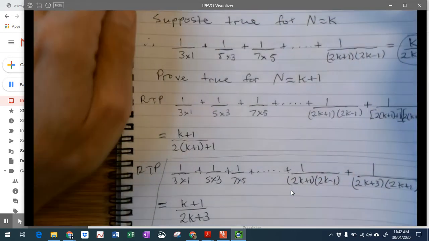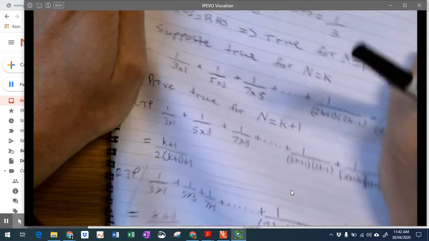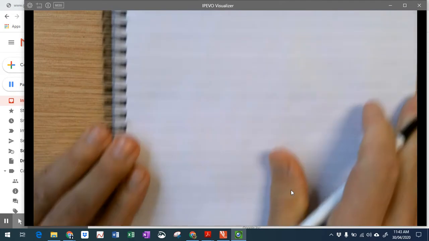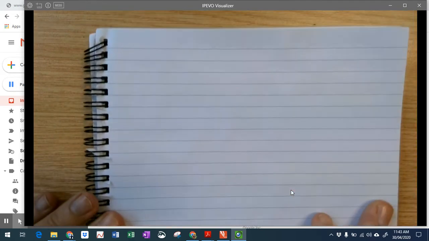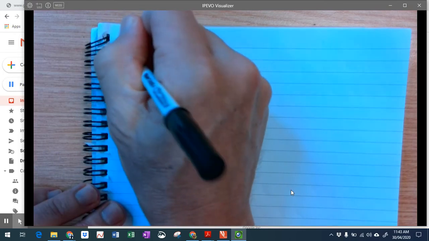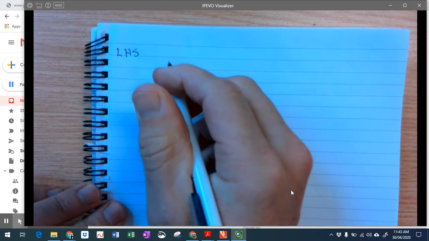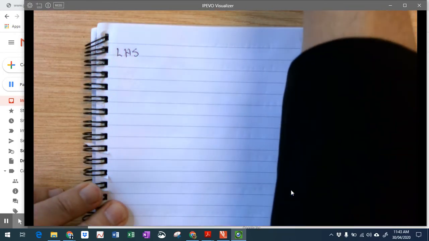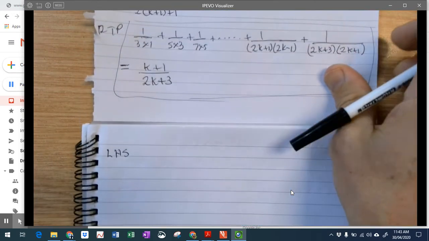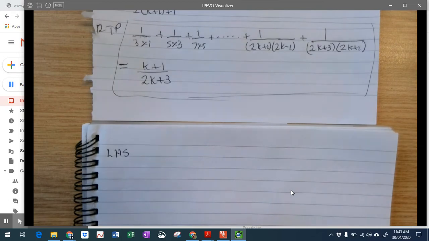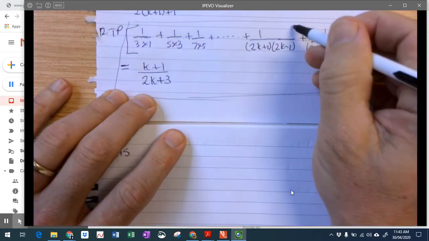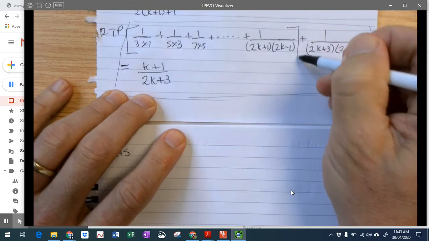Okay, so let's just put that up there, and then come back down. Okay, so we've got the left-hand side. Let me just move that down a bit. There we go, there's the left-hand side. Okay, now we're going to replace this bit here and this bit here with our assumption.